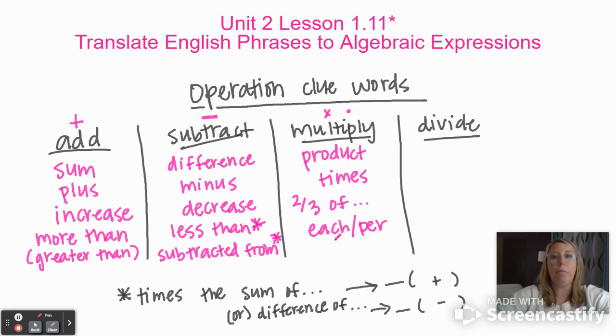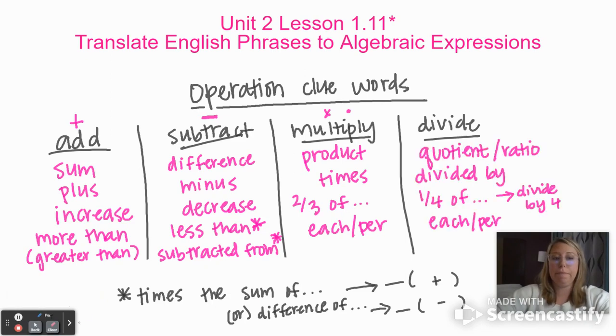You're going to see each and per in a lot of real world context problems, like tickets are $25 each, or it costs $10 per person. Those are going to mean multiply by 25 or multiply by 10. This one here that I skipped over, 2/3 of. Now that could be any fraction. So anytime you see a fraction and then the word of, that is a clue that you are supposed to multiply by whatever that fraction is.